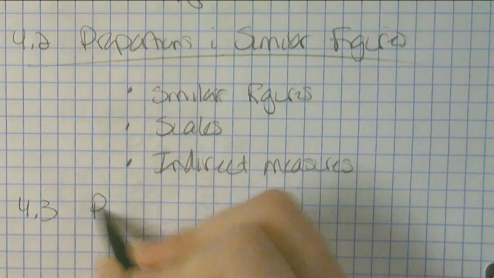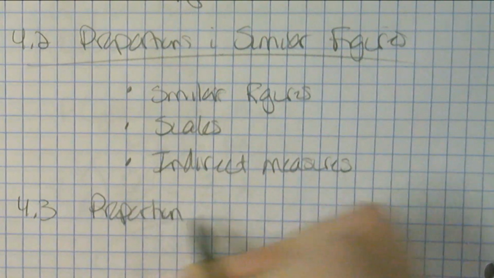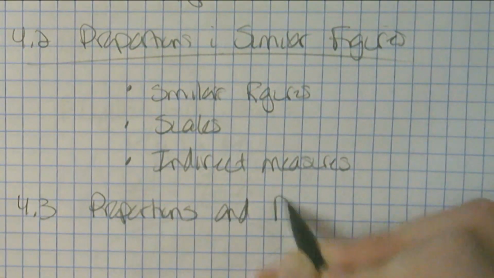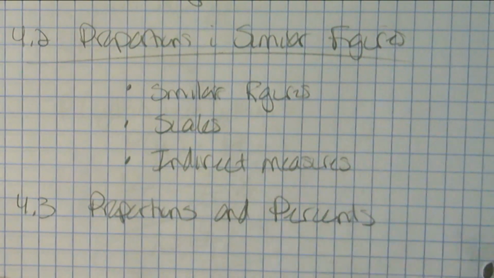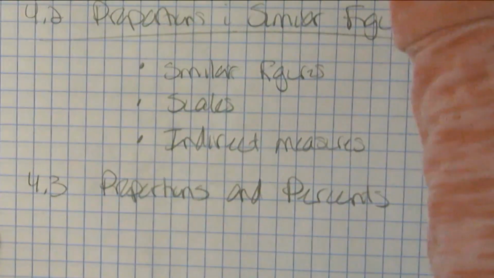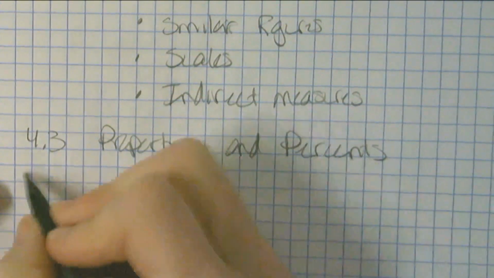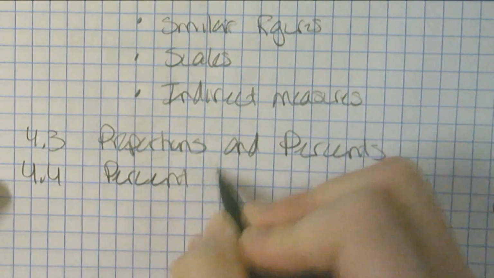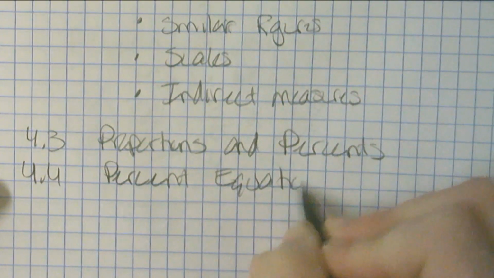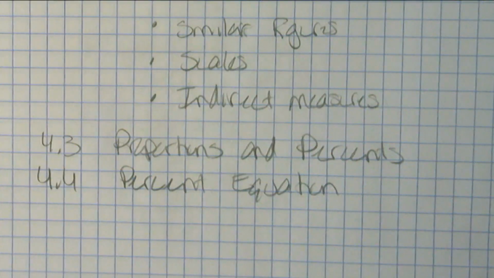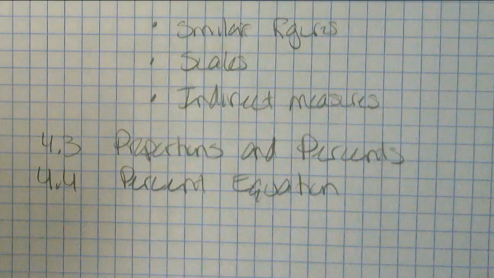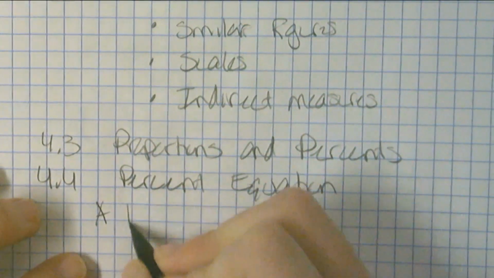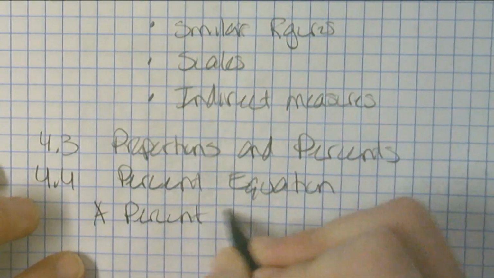4.3 is proportions and percents. And then 4.4 are your percent equation. You are going to need to know how to do both types, but don't forget, you need your percent sentence.